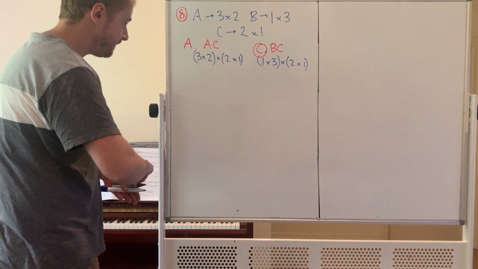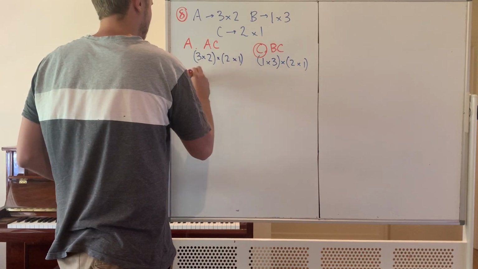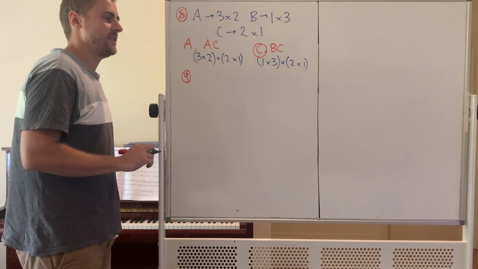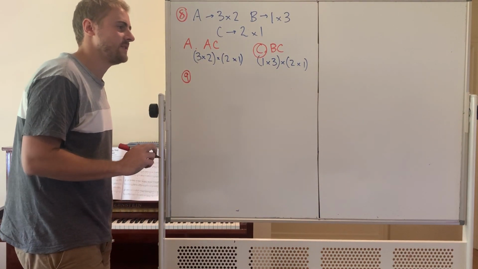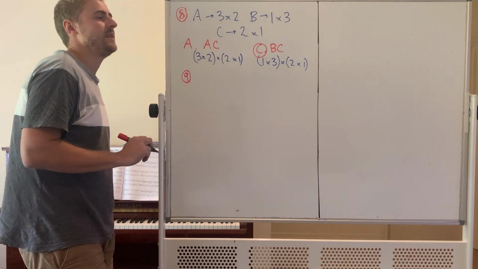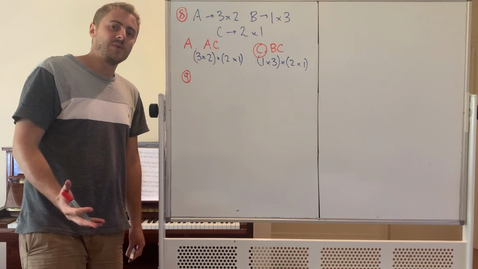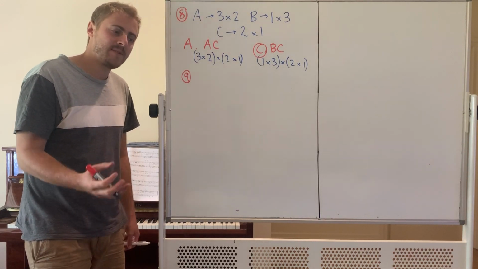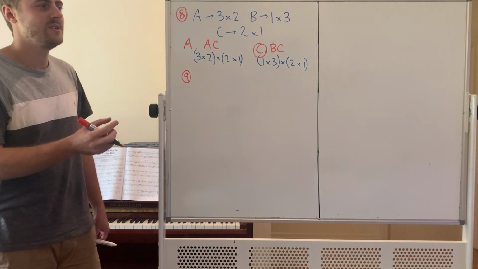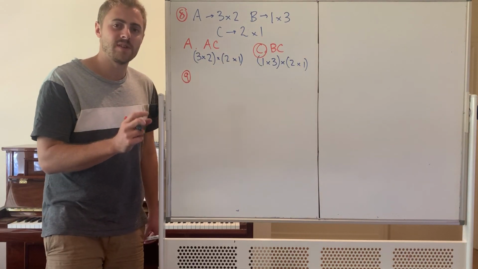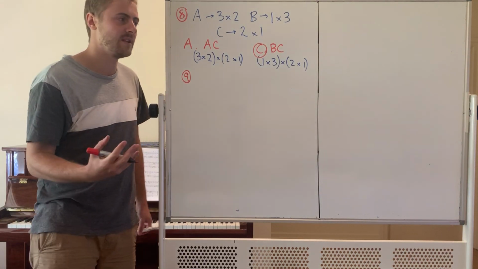Question 9. If matrix A is equal to that, 16, 15, 10 and 9, then the inverse of A is which one of the following? Again, I don't see why you would do it by hand when you can just do it on the CAS. Hopefully you remember from that video I showed you, to find the inverse of a matrix on the CAS, you simply raise it to the power of -1.